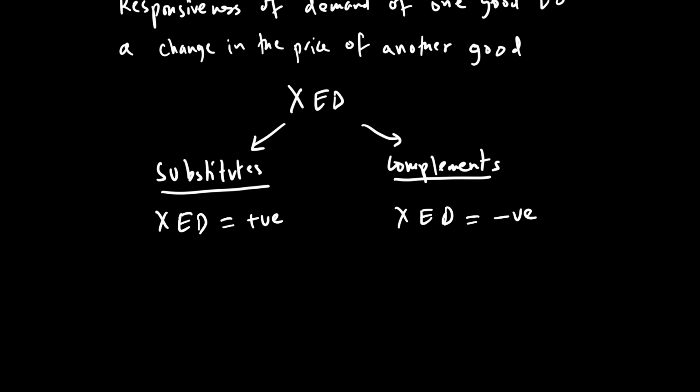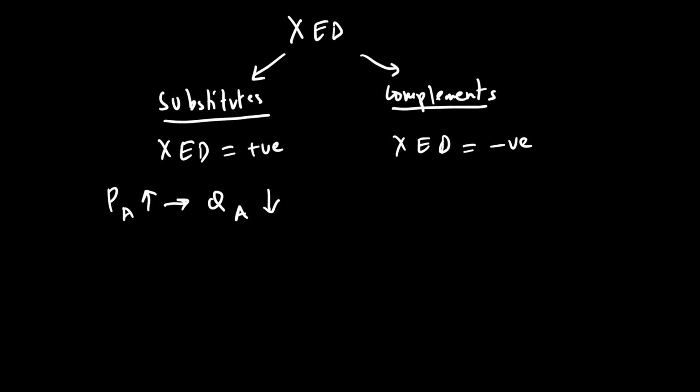Positive XED means that when the price of, let's say, good A goes up, the quantity demanded of A will fall because of the downward sloping demand curve. But if A is becoming expensive, and there is a good B out there which is a substitute to good A, for example Coke versus Pepsi, then when the price of Coke goes up, people buy less Coke, but the demand for Pepsi will go up.